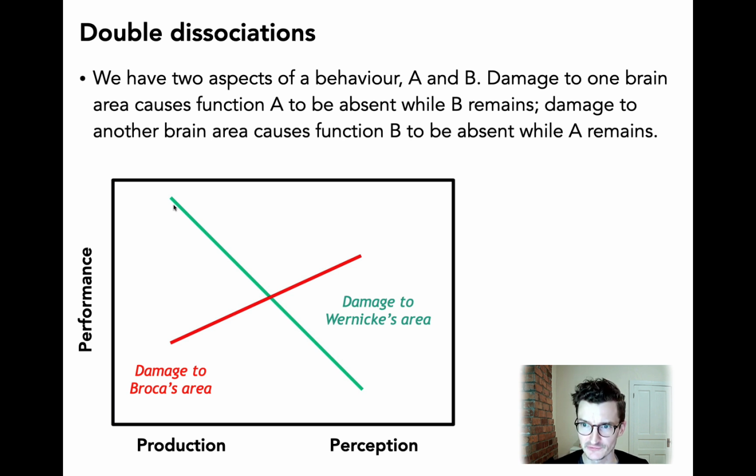It's called a double dissociation because they're separable in both the mind and the brain. So it's providing some evidence that these two related behaviors are viewed as different in the mind. They're different processes, but they also rely on different brain areas.